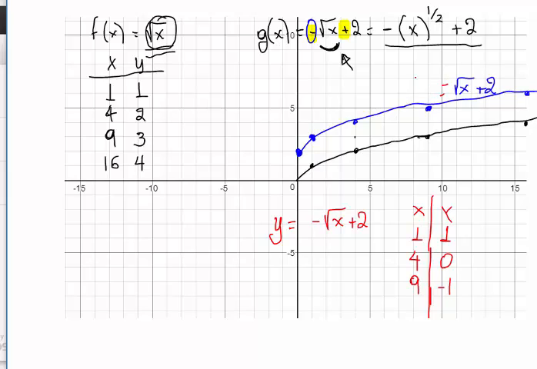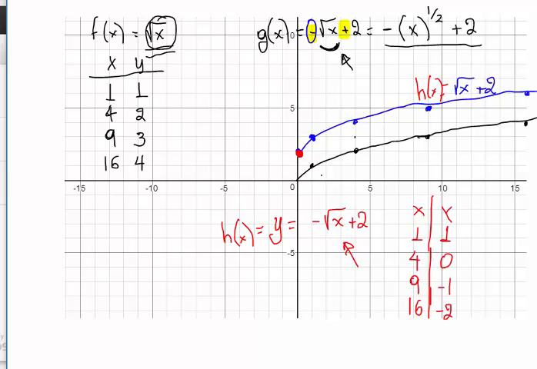Let's name this h of x. So when x is 16, h of 16 is going to be negative 4 plus 2, negative 2. So we already have 4 points to graph.